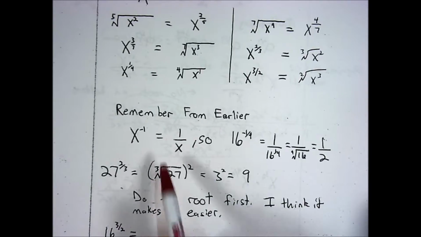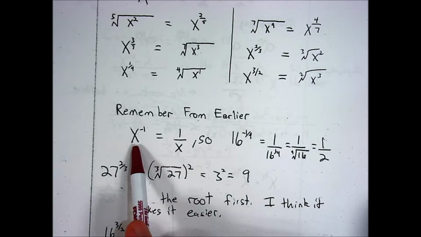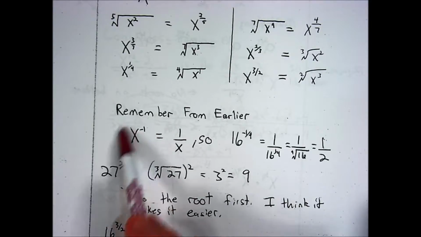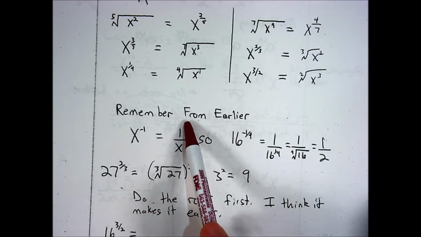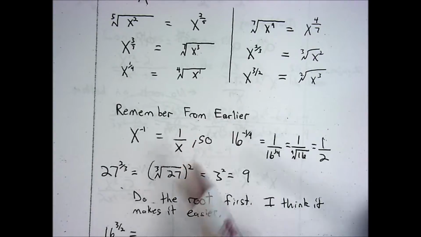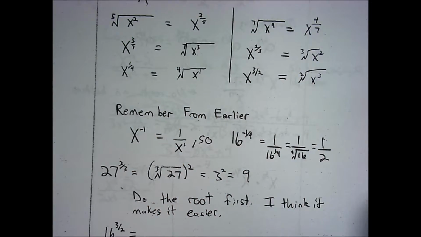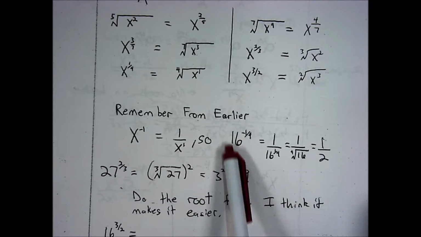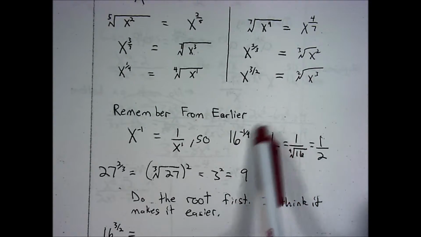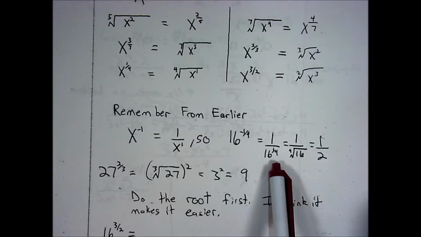Remember from earlier in the year, when we have a negative exponent, it means to do the reciprocal. So x to the negative first power is 1 over x, or 1 over x to the 1st. So if I did 16 to the negative 1/4, that would be the same as 1 over 16 to the positive 1/4 exponent now.